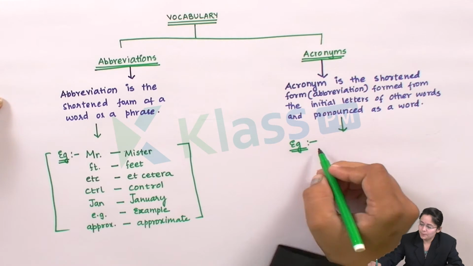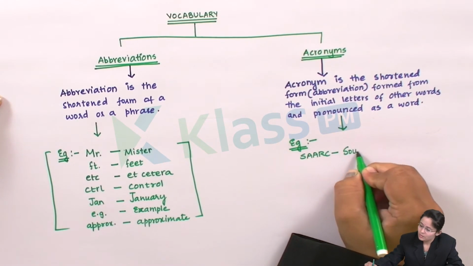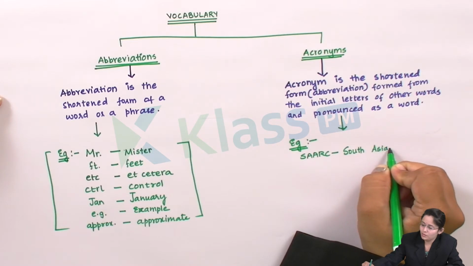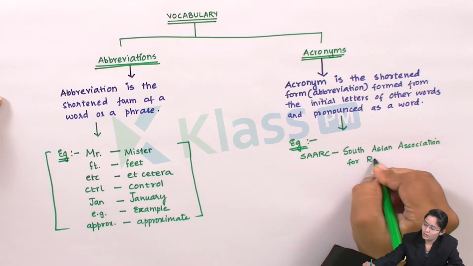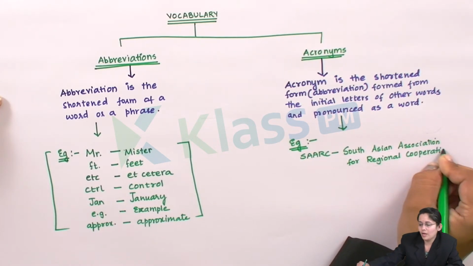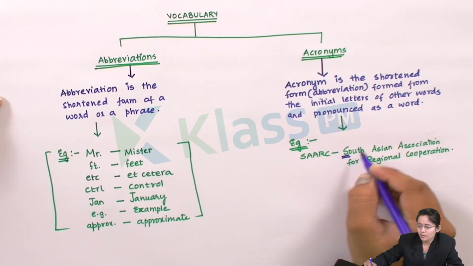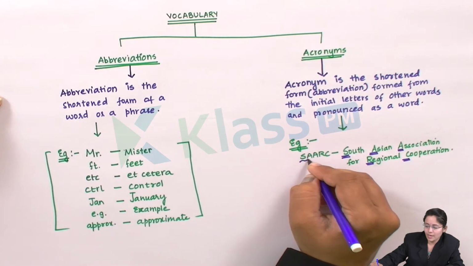For example, SAARC. What is the full form of SAARC? South Asian Association for Regional Cooperation. So here, if you observe, we have taken the initial letters of all the keywords and pronounce it as SAARC.